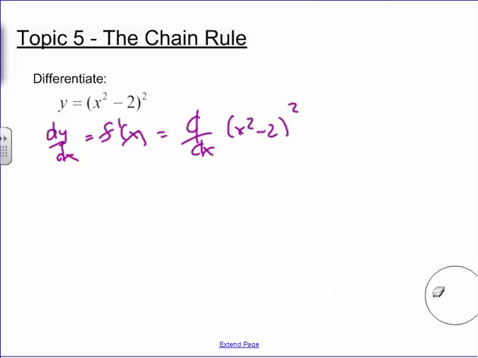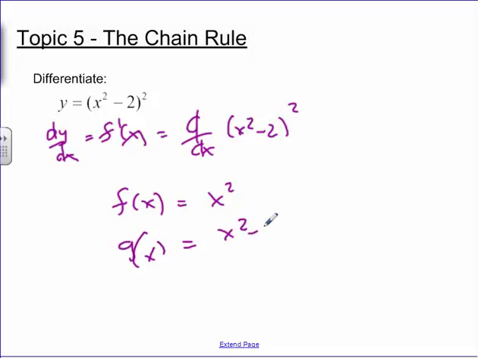Earlier today, in this lesson even, like less than 2 minutes ago probably, I talked about how one of the important things to know was how to do compositions of functions. And you could really consider there that there's really 2 functions. One of your functions is x squared, and the other function is x squared minus 2, and you're being asked to take the derivative of, now I gotta get this in the right order here, f of g of x.